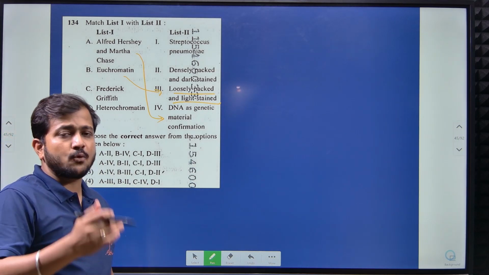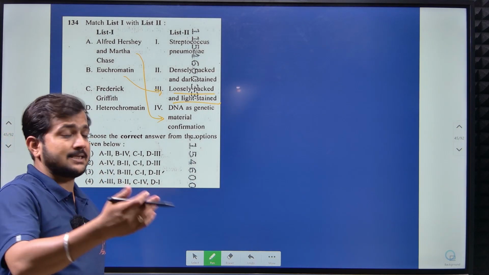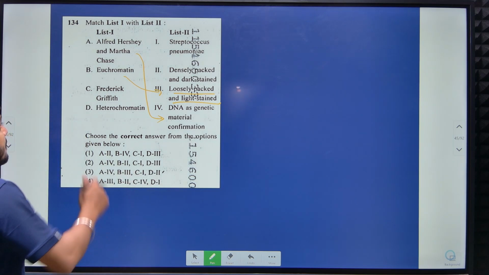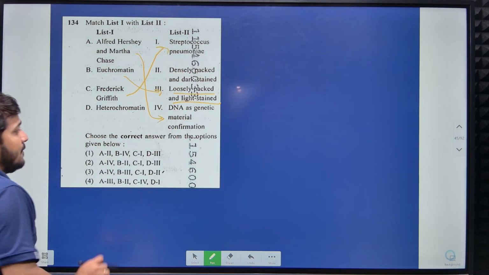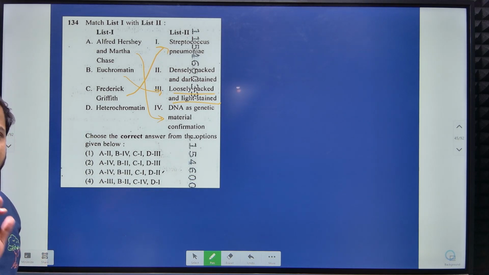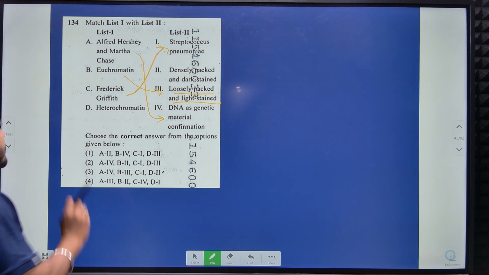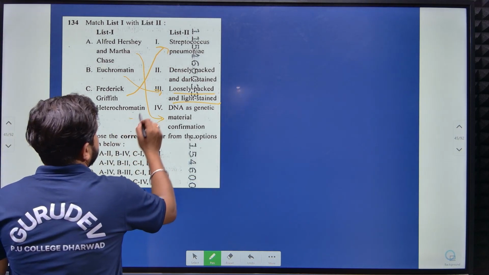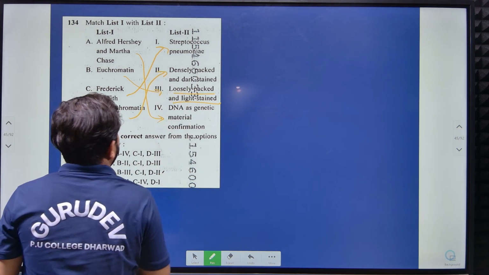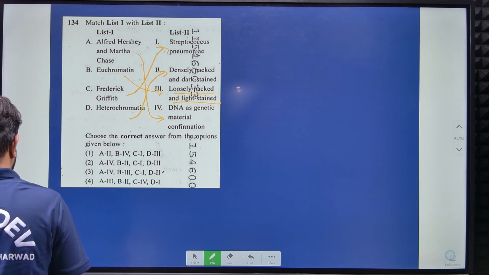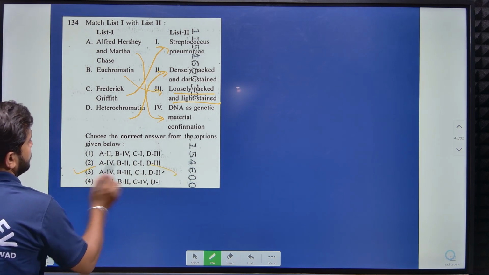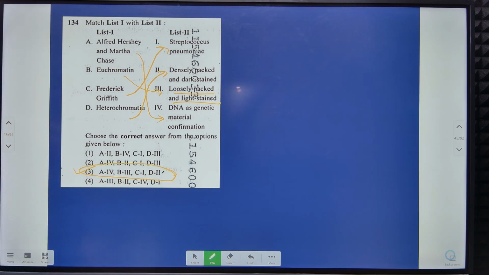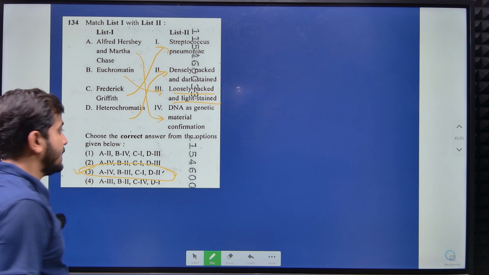Because of that they are loosely packed so that the transcription process can be carried out. Frederick Griffith used Streptococcus pneumoniae for his experiment, the Griffith transforming principle. Heterochromatin is densely packed and darkly stained. So option 3 is correct here, right?